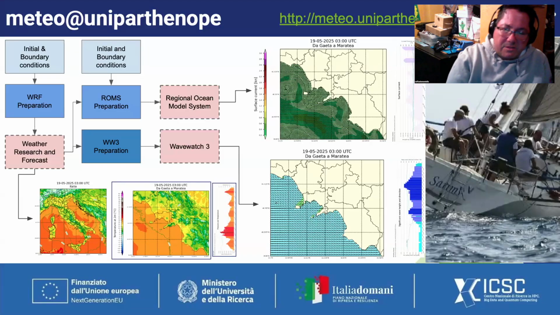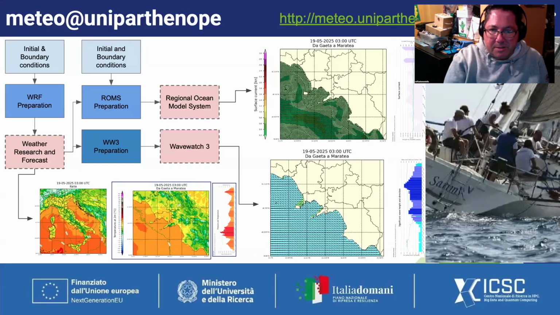But what is really impressive and computationally demanding is the resolution we use with the regional ocean model. That is 135 meters by 135 meters for almost the domain shown in this picture.